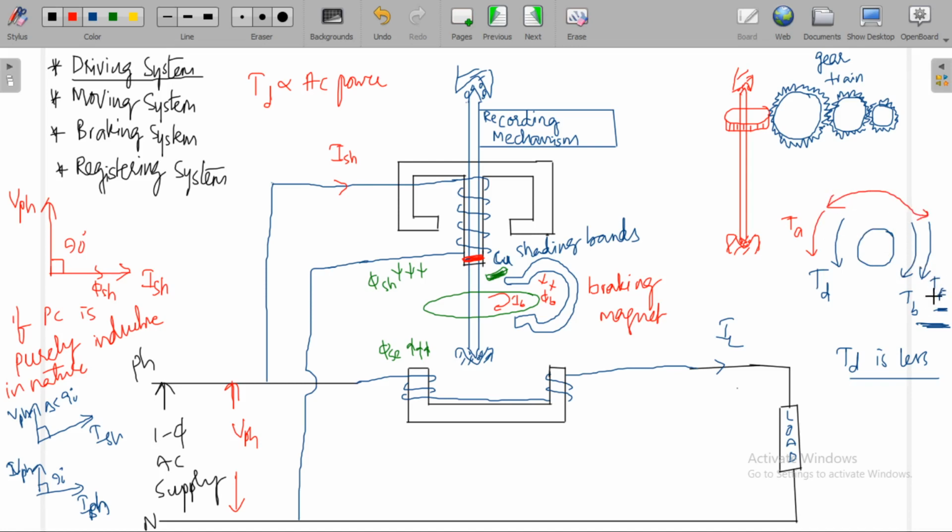Anyhow, this frictional torque is almost constant. So some constant additional torque is provided by placing short circuited loops in the leakage gaps of the shunt magnet.